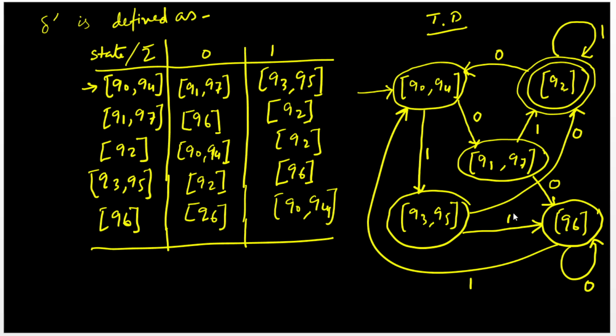This procedure is repeated, and after some time we see that no further partition is possible, and we stop. The number of states at that time is the minimum number of states.